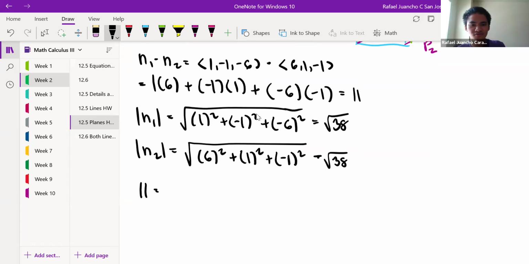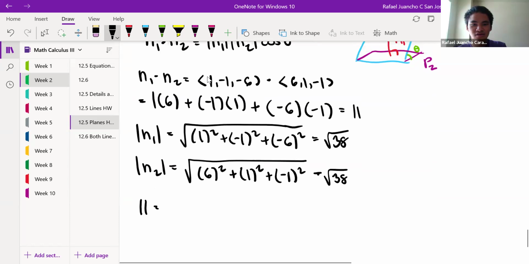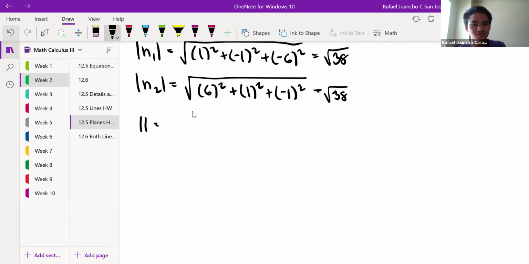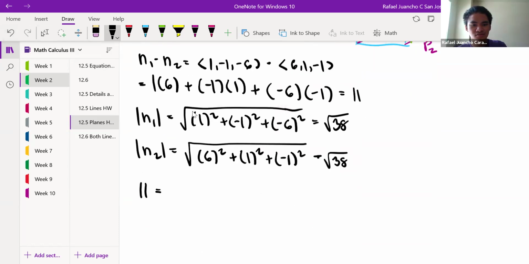And now we just plug everything in. So we have 11, which was N1 dot N2, equals the length of one of them times the length of the other one, cosine theta. We can simplify this to be 38 cosine theta.